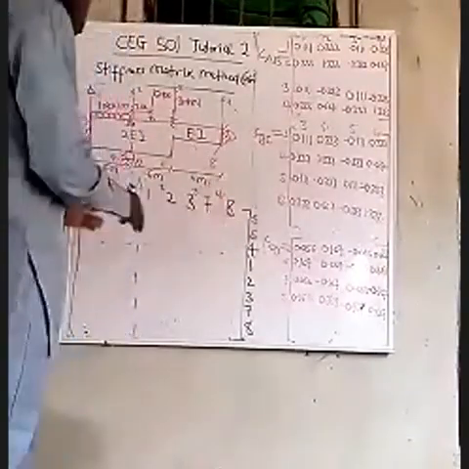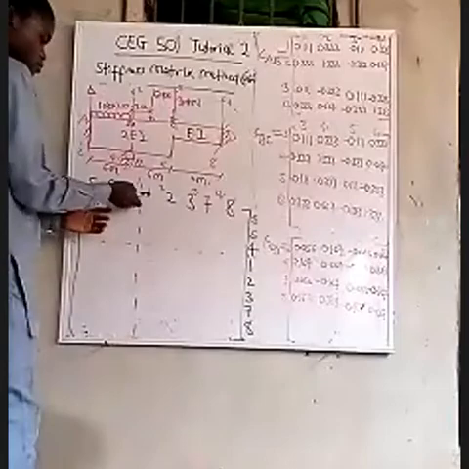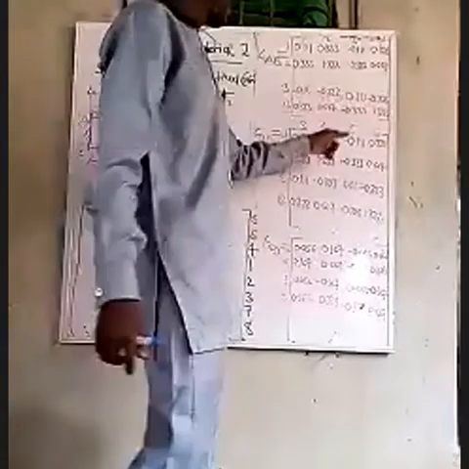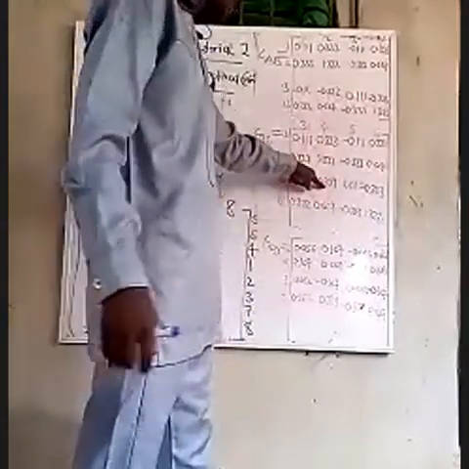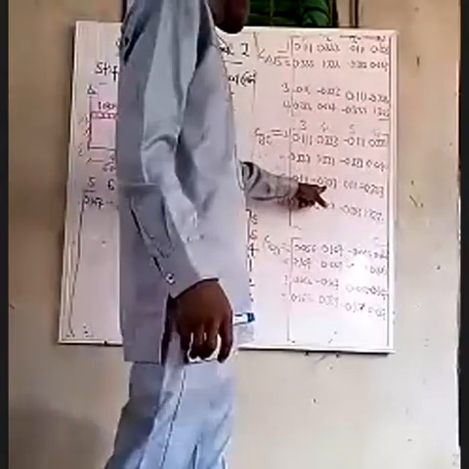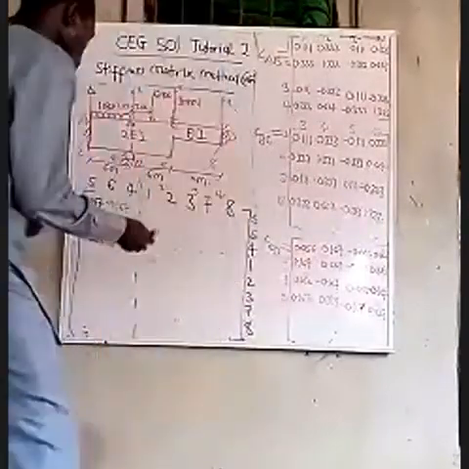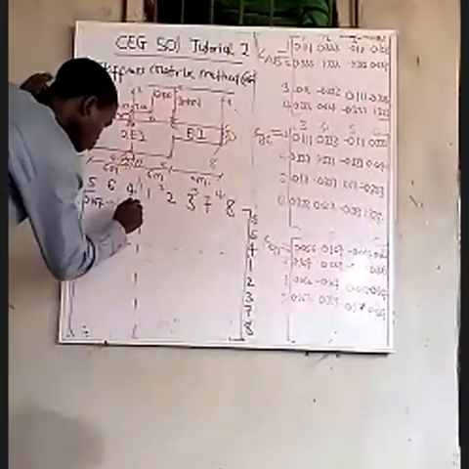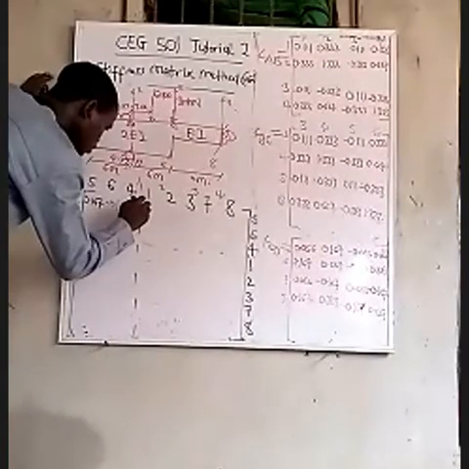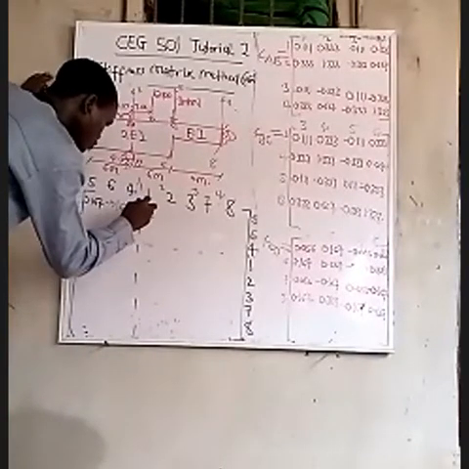4-5 is minus 0.333. There is no other 4-5 here, so we have minus 0.333.